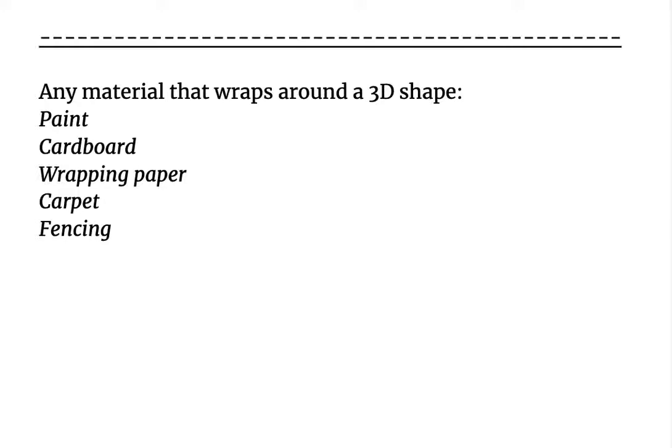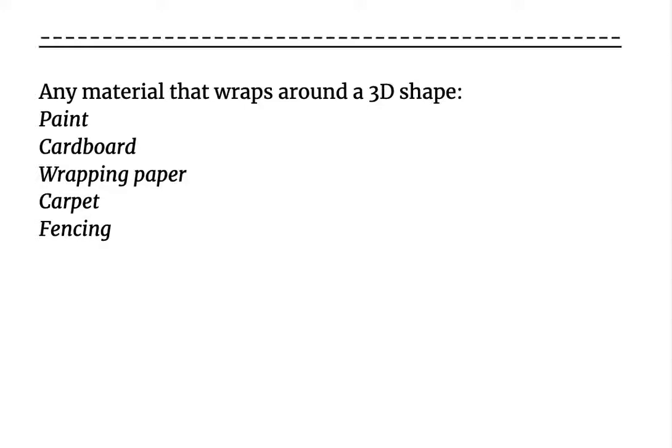So paint can go around the surface of a shape. Obviously, paint can go inside a shape too, but if you're painting something, you're not filling up something with paint, you're wrapping it around something with paint. Cardboard is also something that can wrap around a 3D shape. So if I'm making a cardboard box, I need to figure out how much cardboard I need.